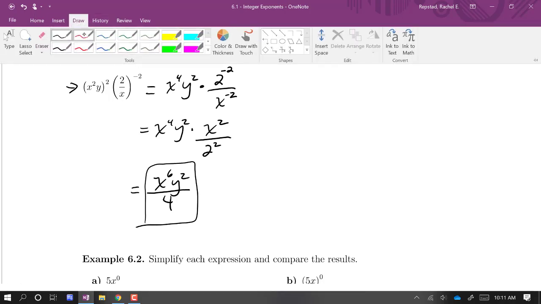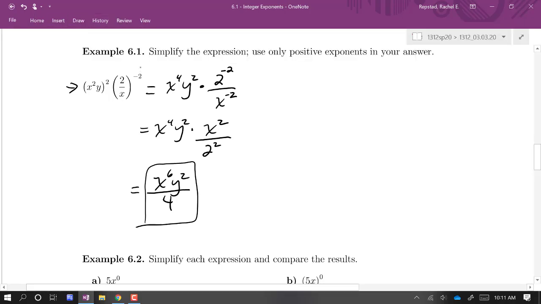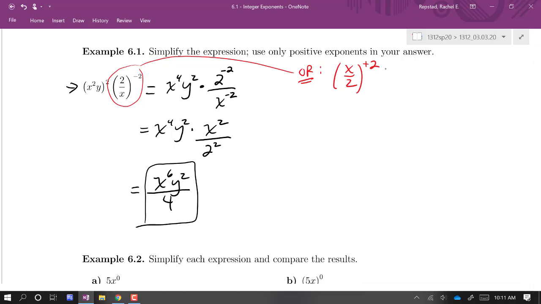Alternatively, like Austin mentioned, flipping the fraction, we could have flipped that fraction over first and written x over 2 to the positive 2. That results from the fact that we can distribute the exponent first, and then that means we have to flip it. Obviously, we're going to get the same thing regardless.